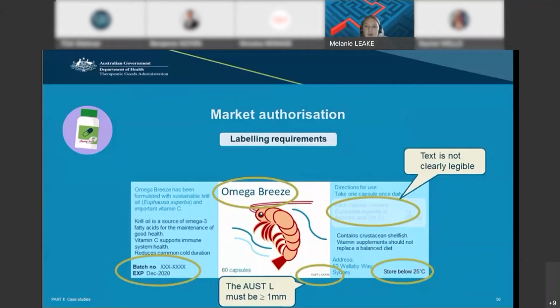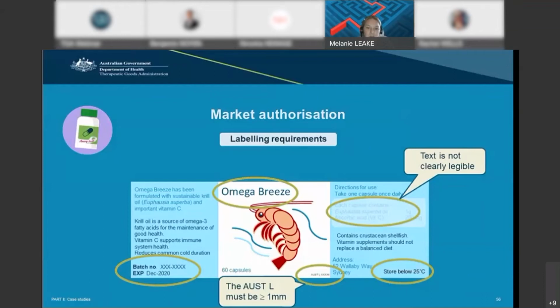For instance, the required height of the text, the AUST L number, must be greater than 1 millimetre. So on this one, for example, it may be too small. As you can see, circled in green, the AUST L number must be greater than 1 millimetre, so it's easily readable. The text must be clearly legible and the label must be durable.